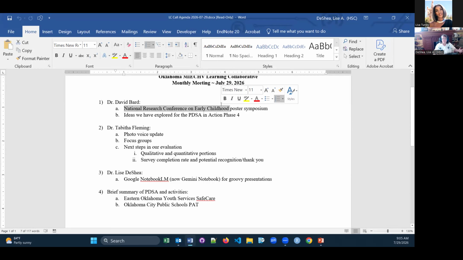Oklahoma led a poster symposium, and David did that. And he's also going to talk to us about the fourth action phase and the PDSA that we might do. We are in our third action phase right now, and so we're talking about the next one. I'm just going to stop sharing and turn it over to David.